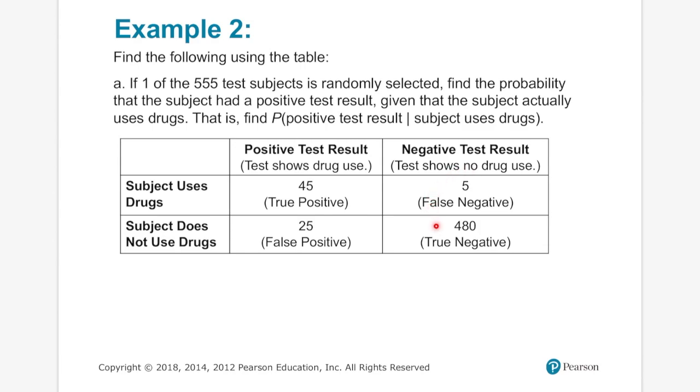The second column lists the number of people who have negative test results. The first row lists the number of people who actually use drugs. The second row is the people who did not use drugs. The first thing I'm always going to do is find the total of the columns, total of the rows, and the grand total.